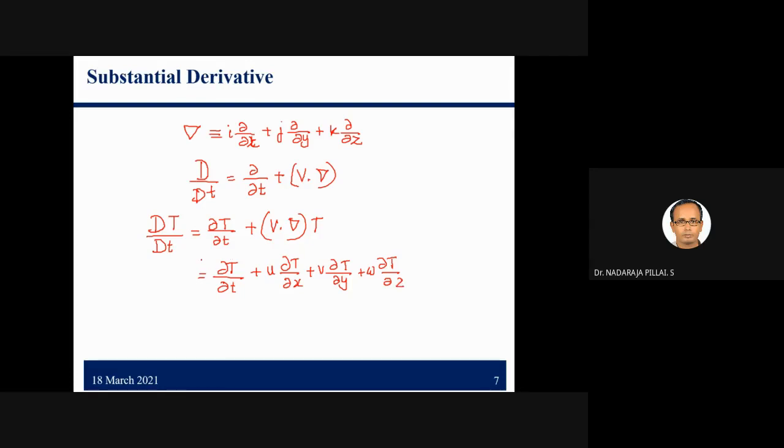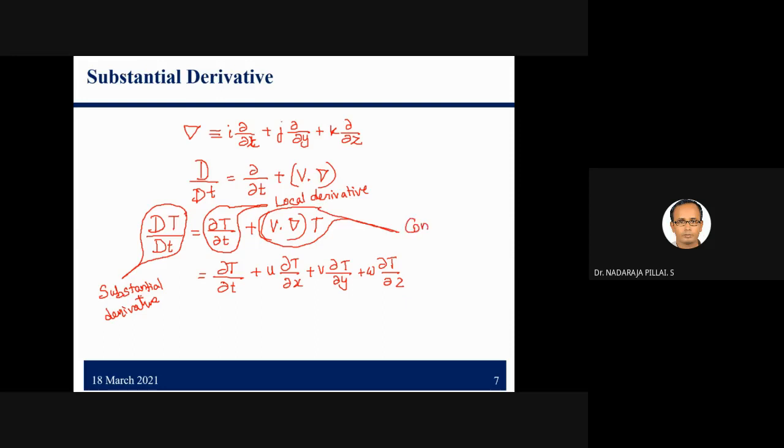So here we need to note that the DT by Dt is the substantial derivative, and this dou T by dou t is a local derivative. And V dot del into T is the convective derivative.